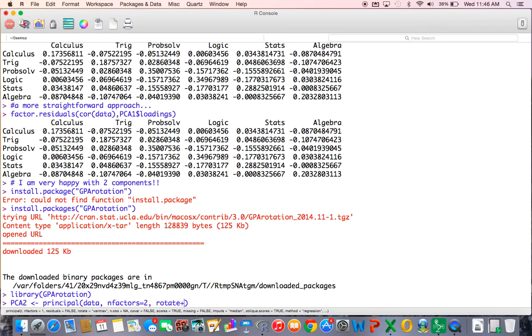Because now we're going to bring in the most commonly implemented orthogonal rotation process called Varimax. All right.